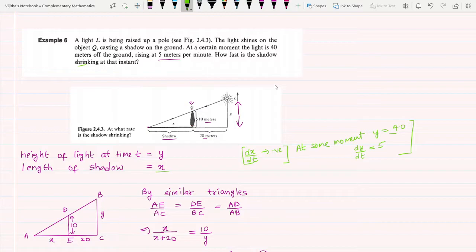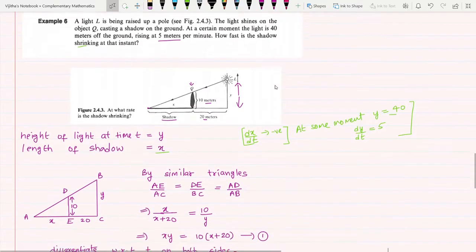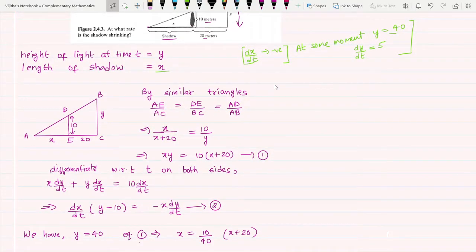Here first of all we will use the similarity rules for triangles. Here we have two triangles. Suppose I name it like this. So this is 10, this is x, 20, y, like that. The full length of AC will be x plus 20.